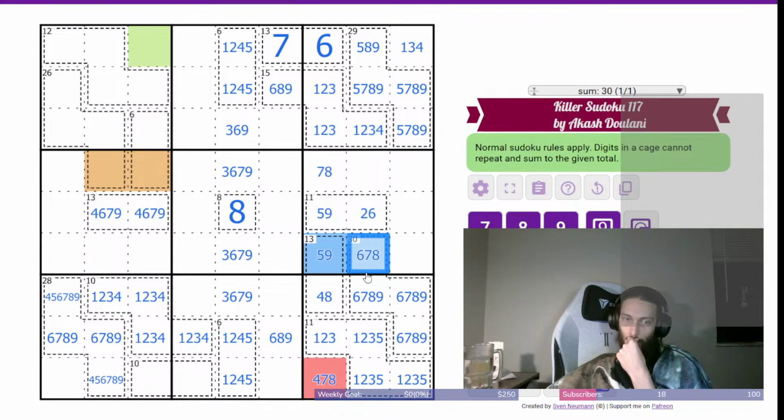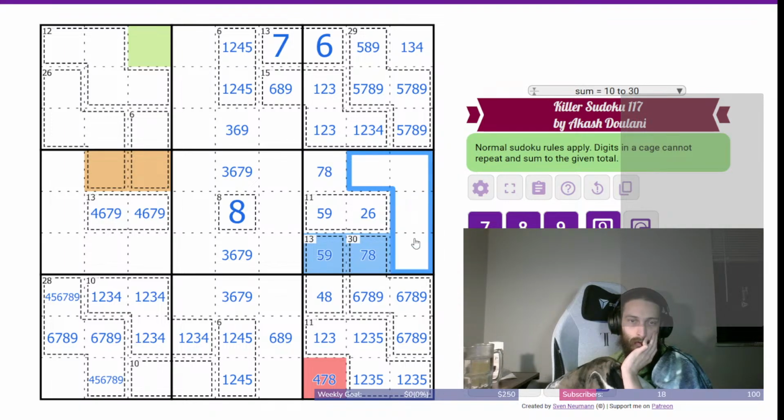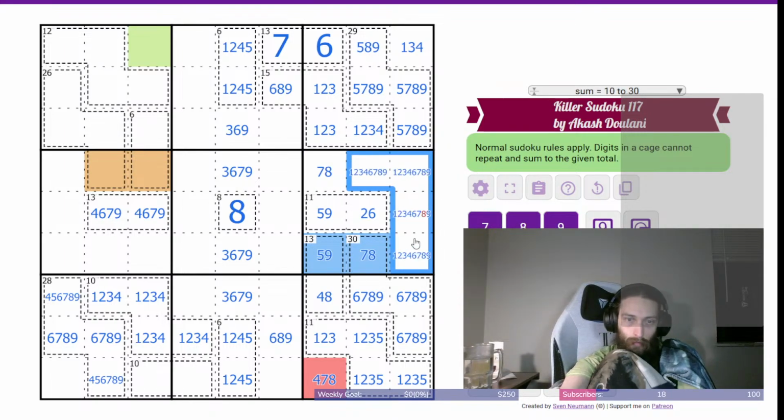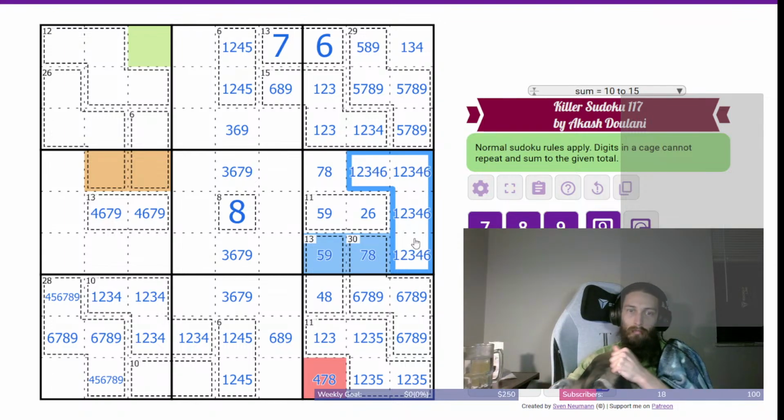Oh, well, look at box 9. 6 has to be in the 30 cage in box 9. Right. That would have made things a lot easier. Now we've got a 5, 9 pair and a 7, 8 pair. Love it.